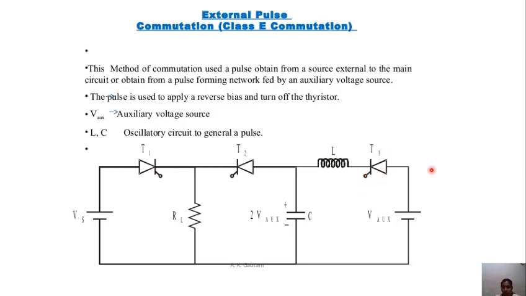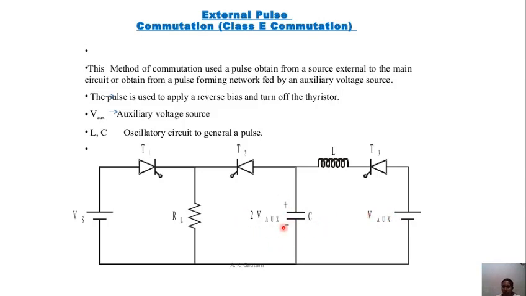Okay, once this is on, through this voltage source the capacitor gets charged. Current starts flowing and it is charged with positive on the upper plate and negative on the lower plate. Whatever auxiliary voltage you apply, this capacitor gets charged to twice the auxiliary voltage.